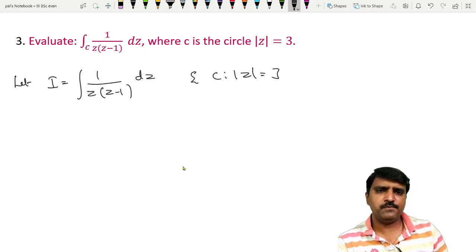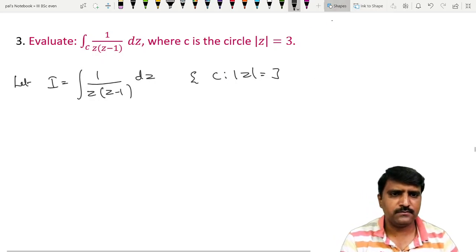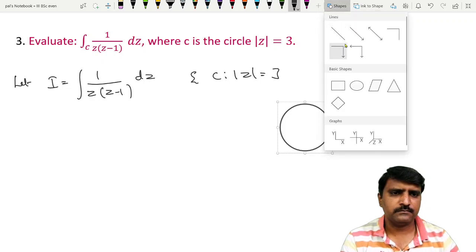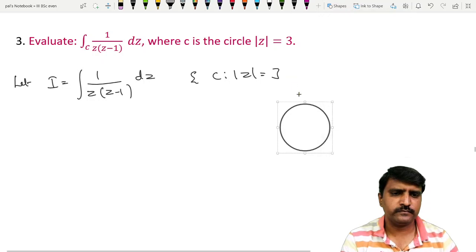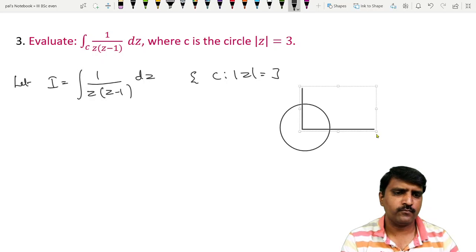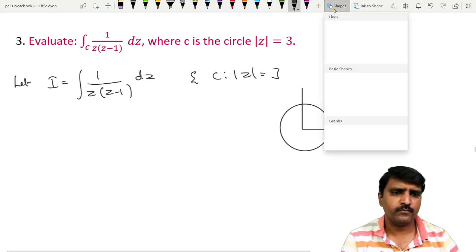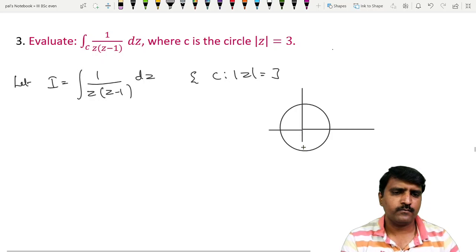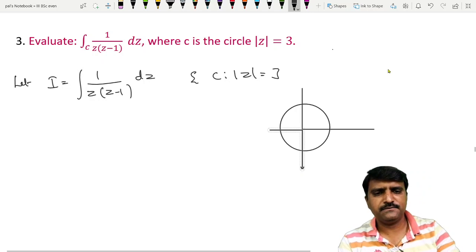If you want, you draw this circle. Mark the x-axis, y-axis, like this.